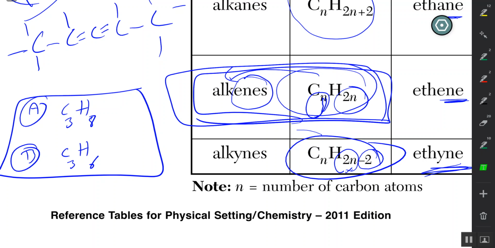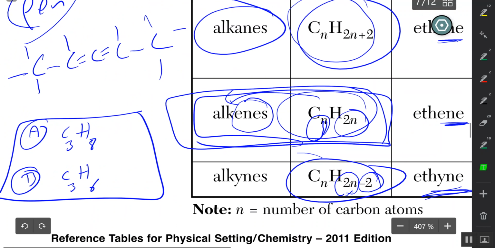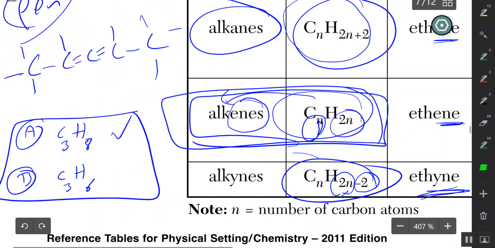A saturated hydrocarbon would have only single bonds between the carbons, and therefore must be an alkane and must follow this formula. So choice A here follows that formula. C3, the number of carbons is 3. H2 times 3 is 6, plus 2 is 8. So this is your answer. This is a saturated hydrocarbon.